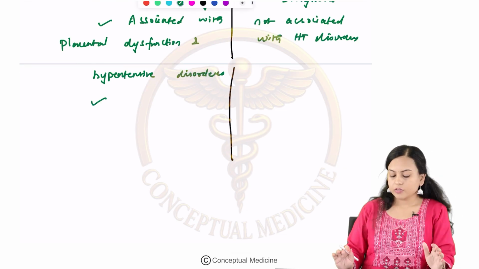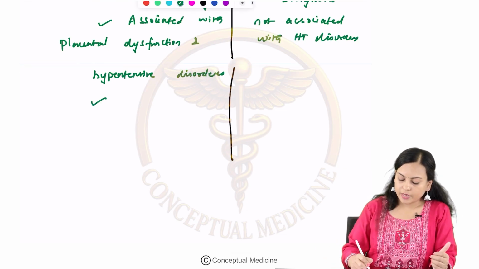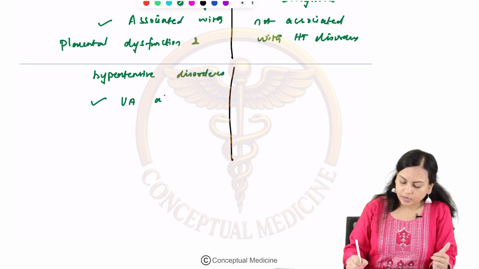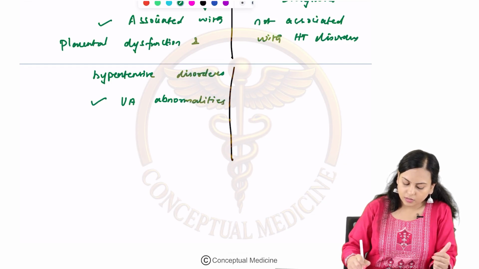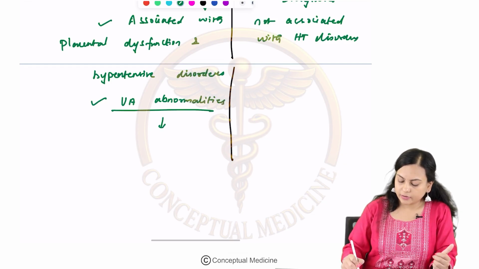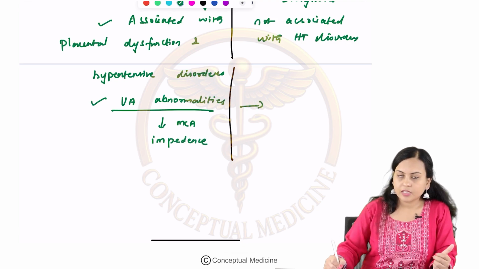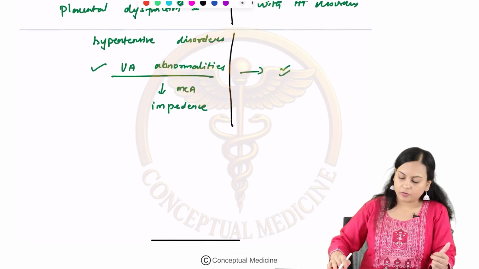In early onset IUGR, we will be able to see umbilical artery abnormalities, which include decreased middle cerebral artery impedance. The same thing can be seen in late onset IUGR also.